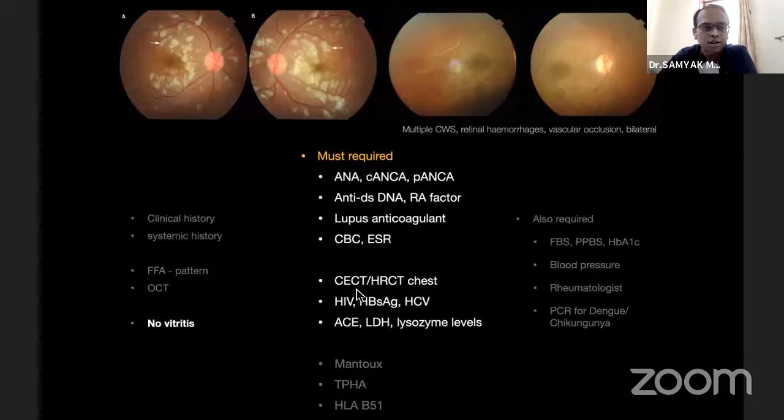With a similar looking picture with multiple cotton wool spots or vascular occlusion at multiple levels, but without any vitreous inflammation, most of these will be patients whom the rheumatologist has been treating, or patients with SLE or any other systemic connective tissue disease. So you have to speak to the rheumatologist and you can get these tests done. Otherwise, very rarely you may need the other tests for TB and sarcoid to be ruled out.